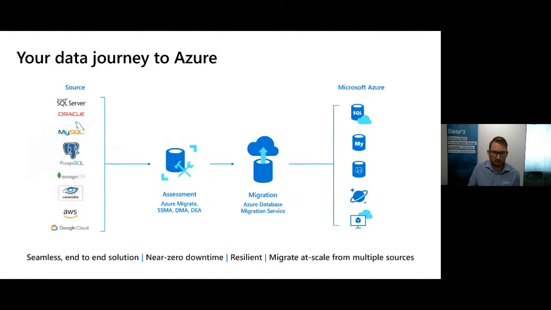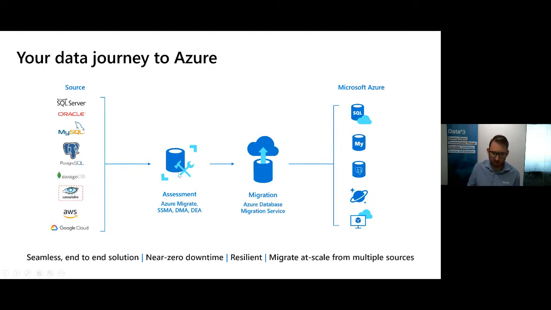In terms of the data journey to Azure, how does Microsoft help you provide a seamless end-to-end path with near zero downtime, very resilient migration at scale? Well, we move from a variety of those data sources on the left here to the destination in Azure, whether it's MySQL, PostgreSQL, SQL Database, Cosmos, however.